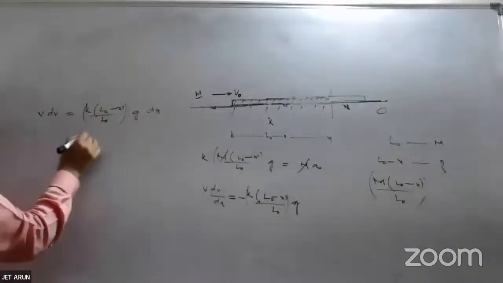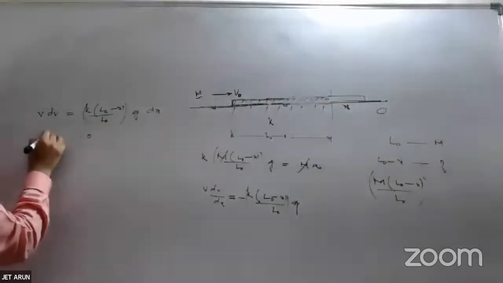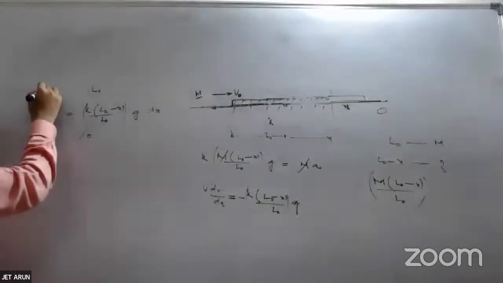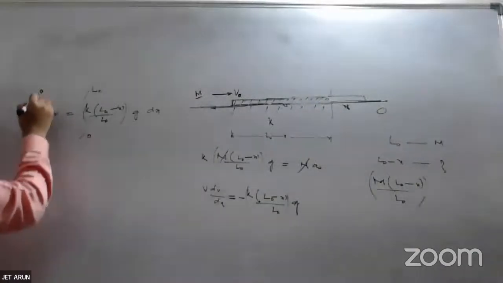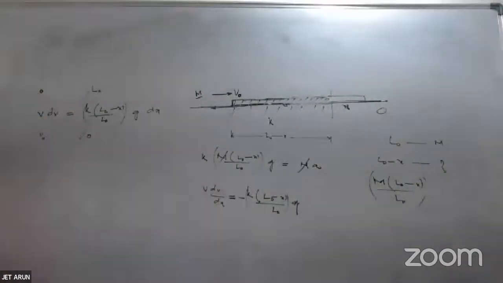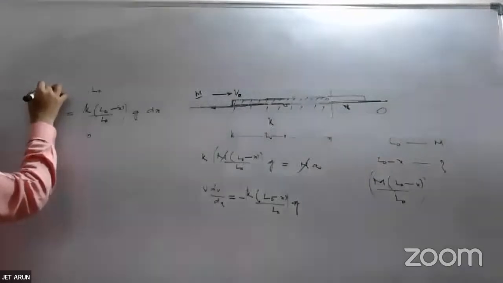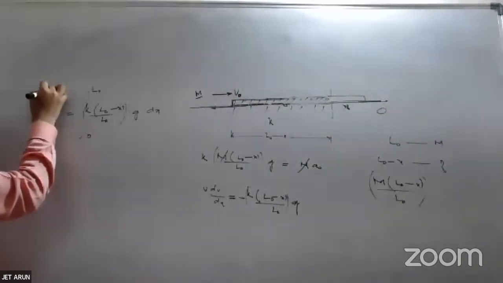I integrate now. When x is 0, velocity is v naught. When x is L, velocity should become 0. So I'll invert this limit, 0 to v naught, because I've got a negative sign here. I'll invert the limits.